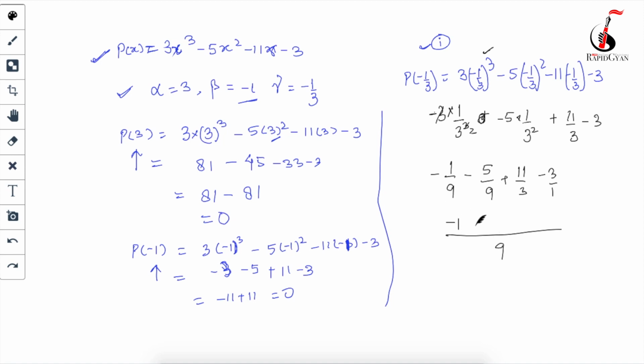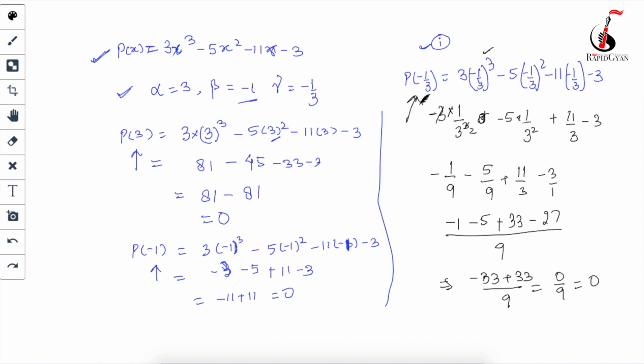So this will be minus 1, minus 5, plus 33, and minus 27. So now add this: minus 5 minus 1 is minus 6, minus 27 minus 6 is minus 33. So what I got is minus 33 plus 33 upon 9, which is equal to 0 upon 9, which is equal to 0. It means this is also a zero of the polynomial.